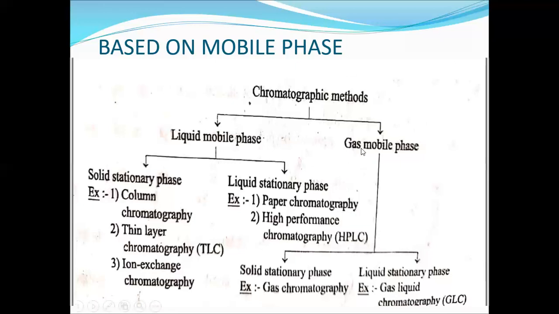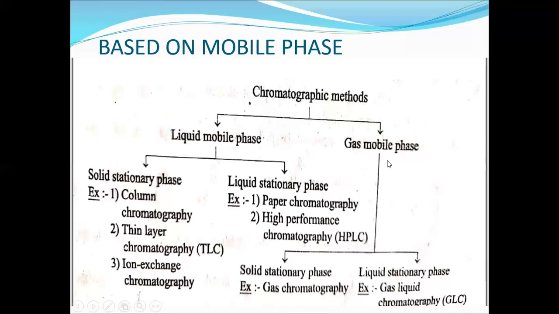Now coming to the second type of methods, gas mobile phase. In this gas mobile phase, solid stationary phase is taken and gas is the mobile phase. So in the solid stationary phase, gas chromatography is an example where solid is the stationary phase and gas is the mobile phase.